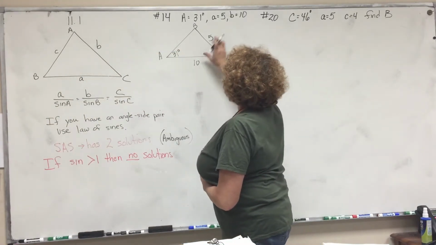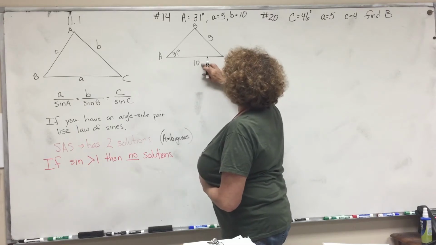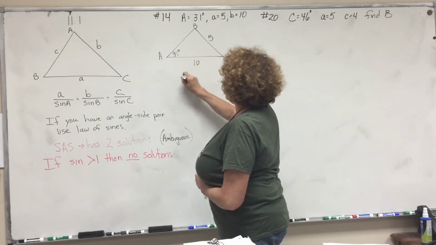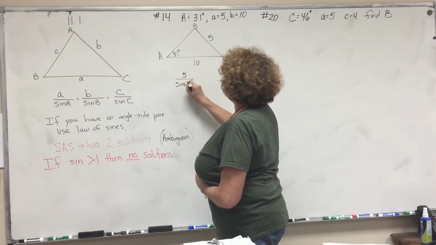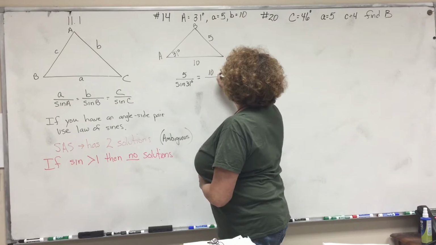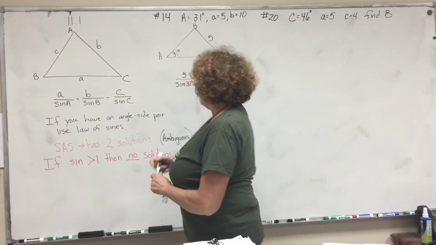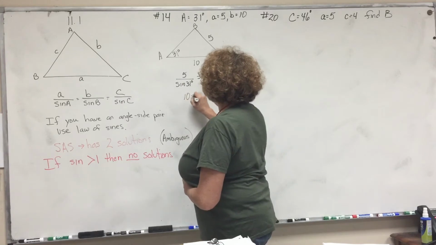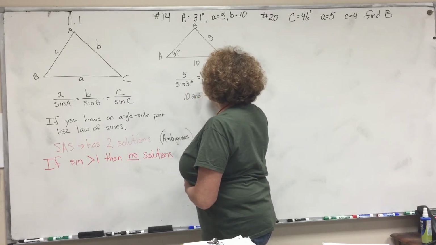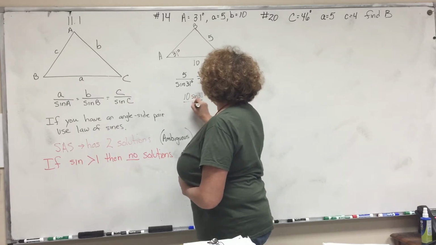So, if you look at this, this is one of the ones where you would say 5 over the sine of 31 equals 10 over the sine of B. When you cross multiply, 10 sine of 31 equals 5 sine of B, and then divide by 5.